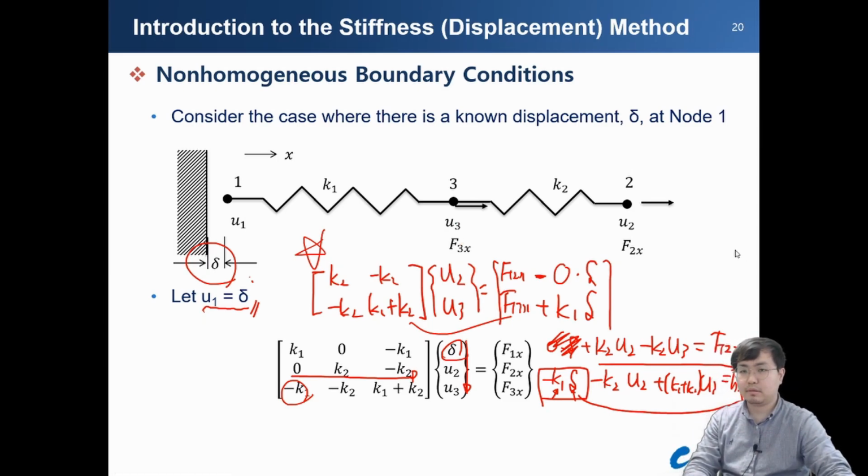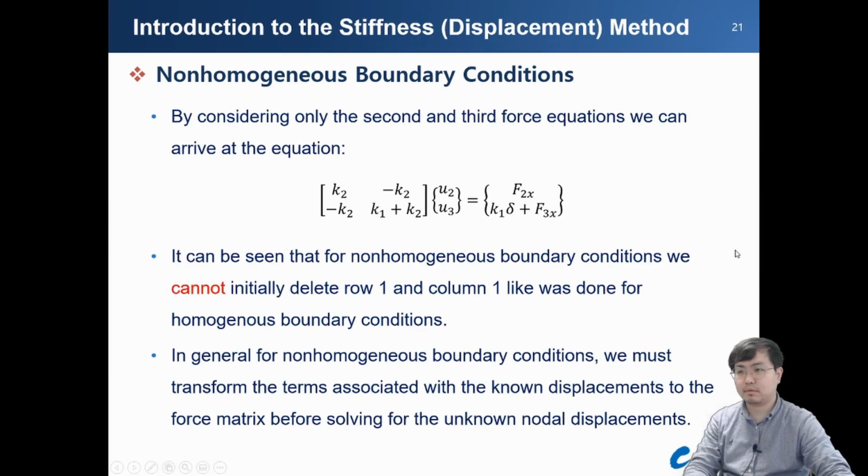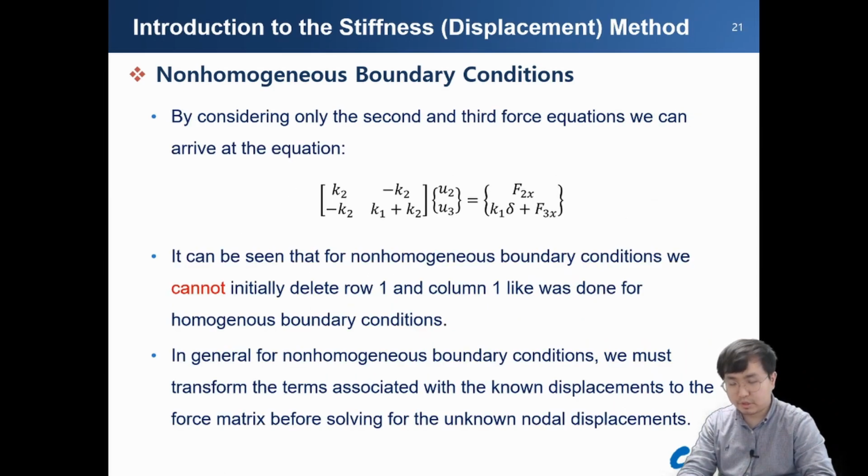Okay. A non-homogeneous boundary condition must consider that kind of additional term. Normally we say that this is some arbitrary force, an artificial force, but most boundary conditions are homogeneous, so you don't need to worry about them.